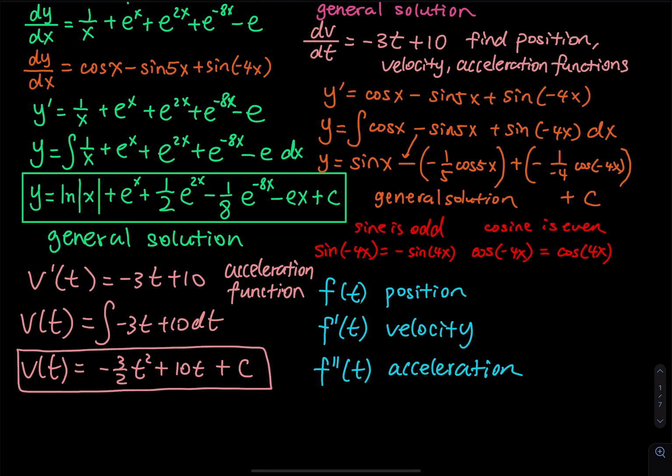When you take the derivative of the velocity, you go back to the acceleration, right? Bring the 2 down, and the 10t becomes a 10. The c, we don't know what c equals in this problem.